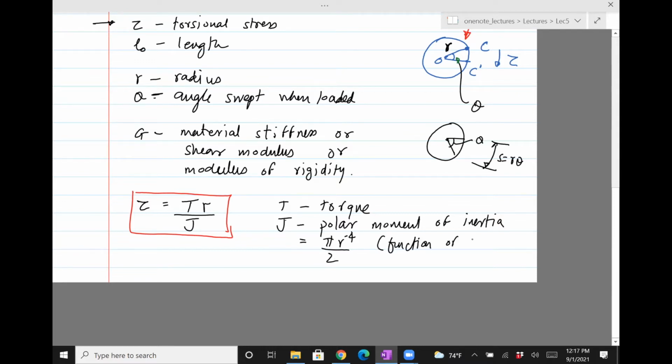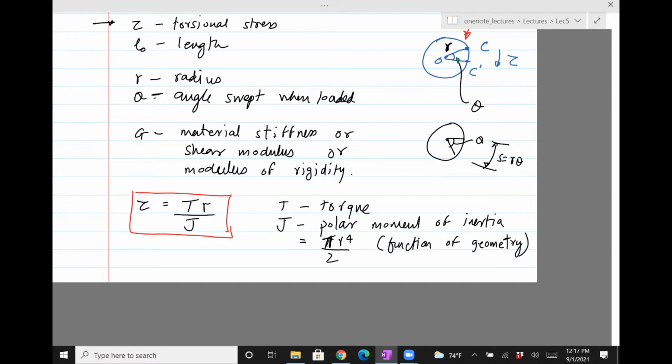Function of geometry. That's r to the negative 4. It's positive 4. And we'll come back to this probably a little later.